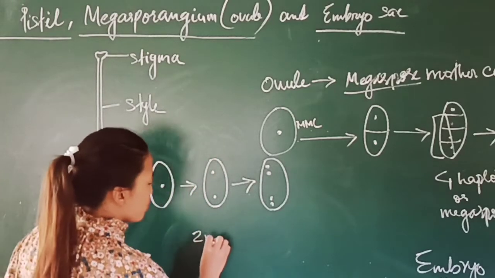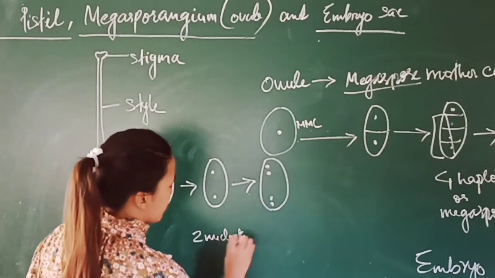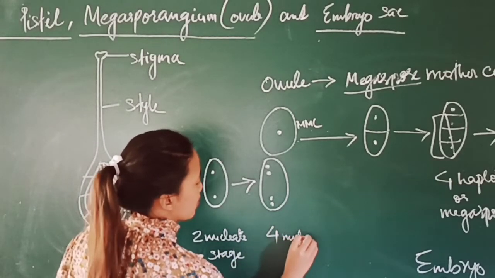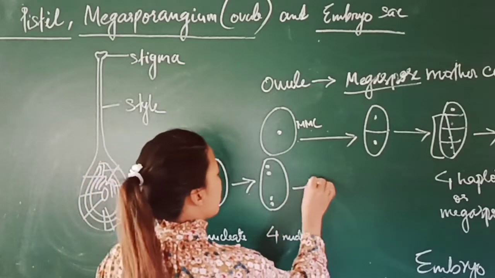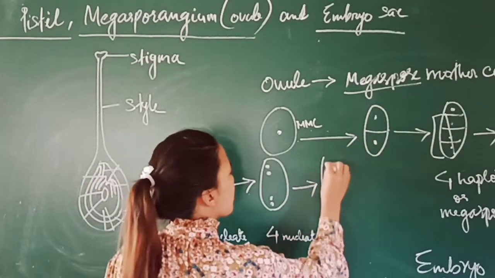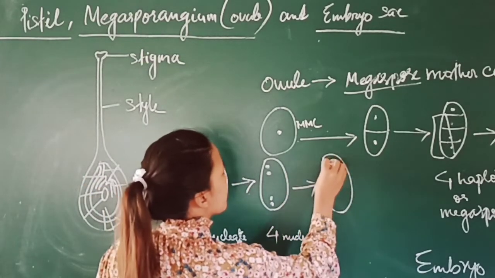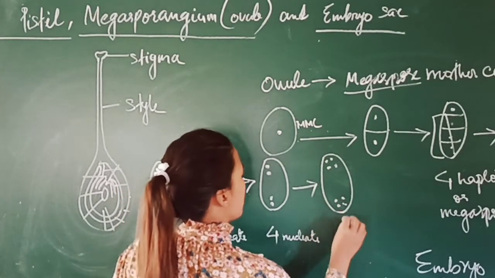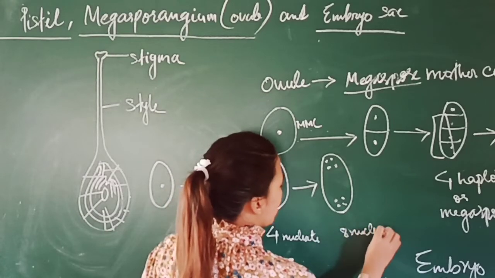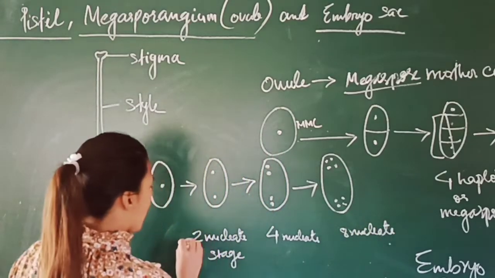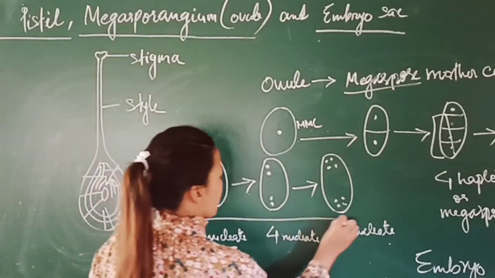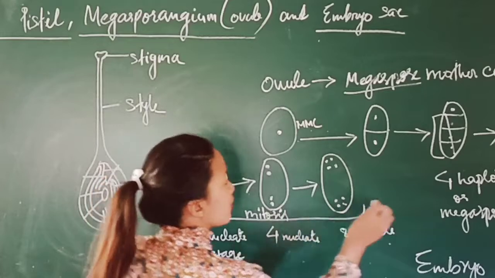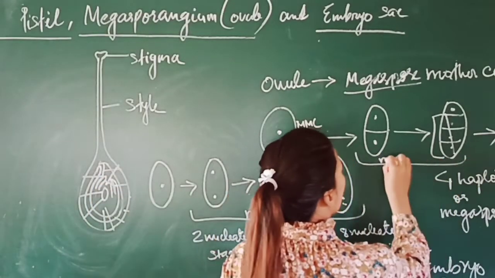This is the 2 nucleate stage, this is the 4 nucleate stage, and after one more mitosis they give rise to the eight nucleate stage. These are all mitosis only. In the earlier case, this was meiosis.